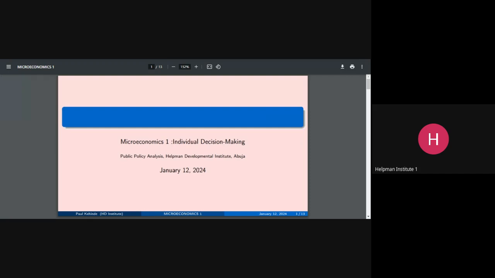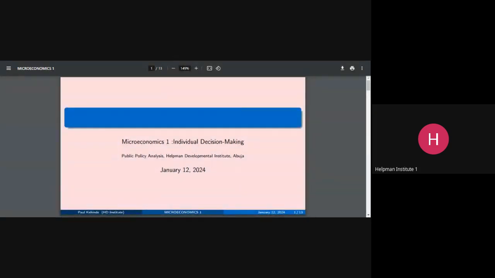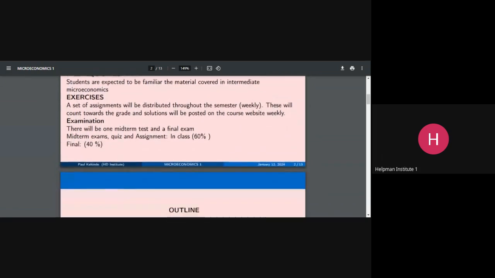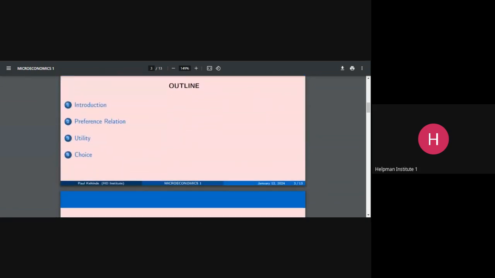In individual decision making, we said we are considering how individuals make decisions using economic tools. I said one of those tools an economist uses in making decisions is models.